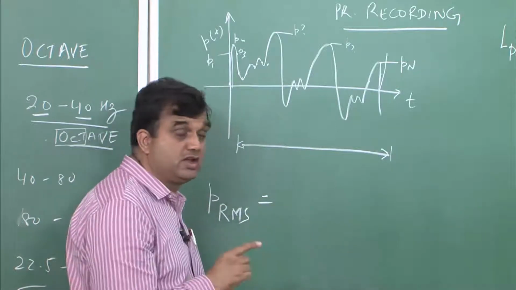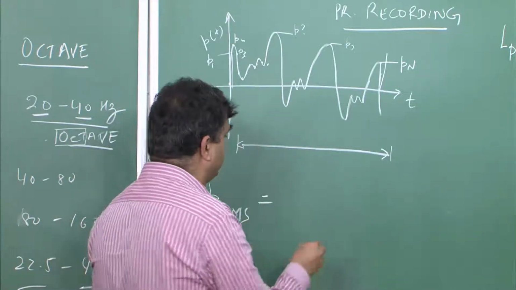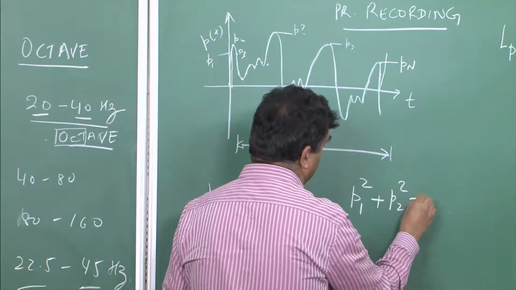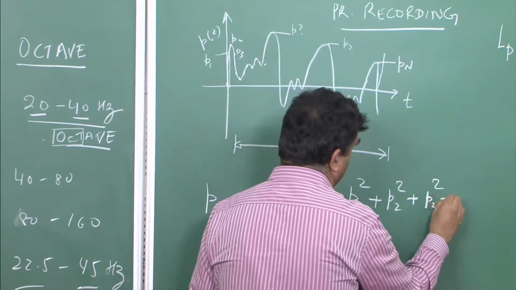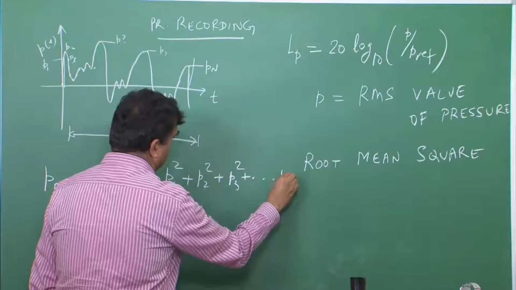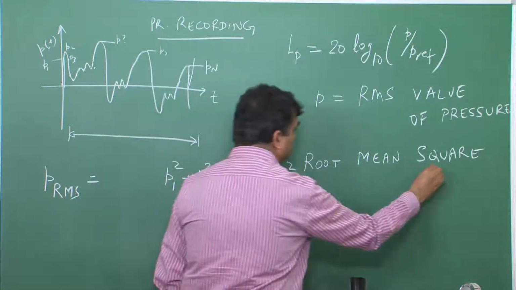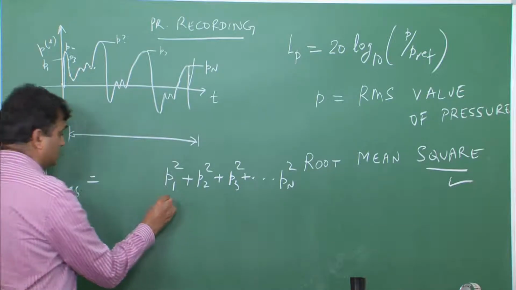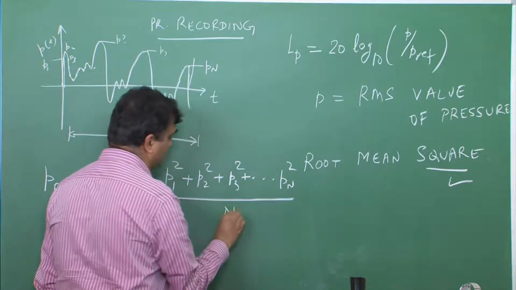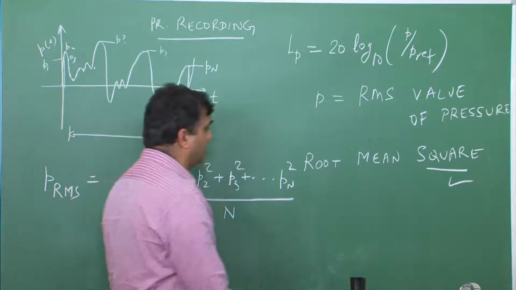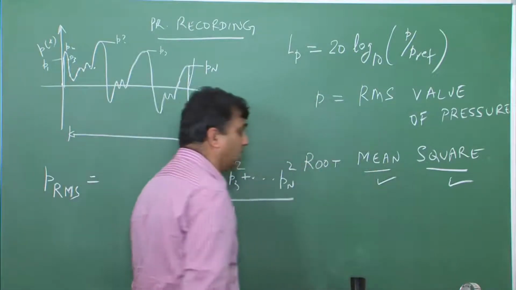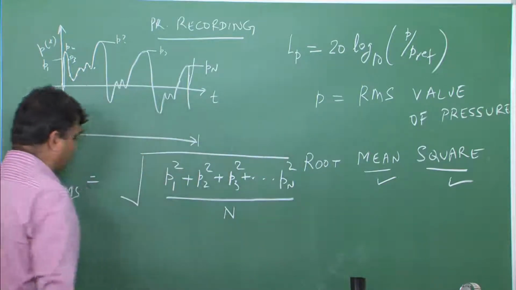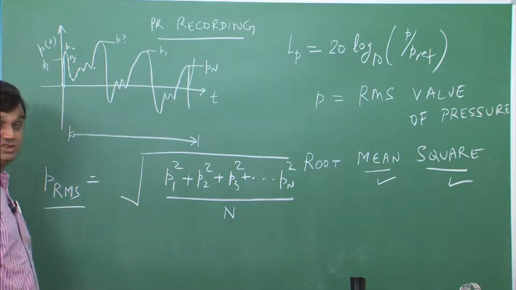First I am going to square all the pressures P1 through Pn. So I have done the square step. Then I am going to take the mean, or their average, so I divide by n. Then I take the square root of this entire thing, and that is the value of P RMS.